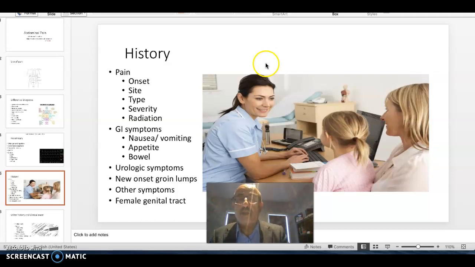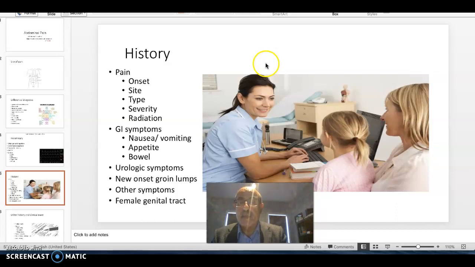Then we ask them about any symptoms related to the urological tract. You ask them whether they had previous kidney stones. Do they have previous experience with renal colic? Are they passing urine easily? Is there any frequency, any burning micturition, any blood with the urine?